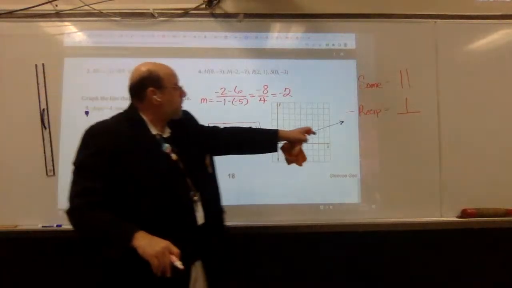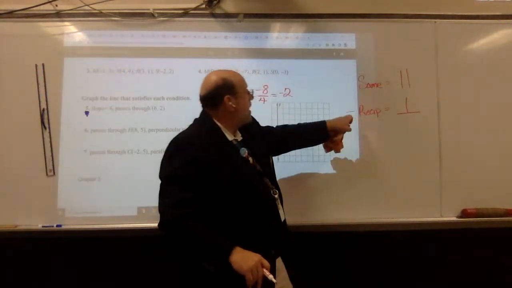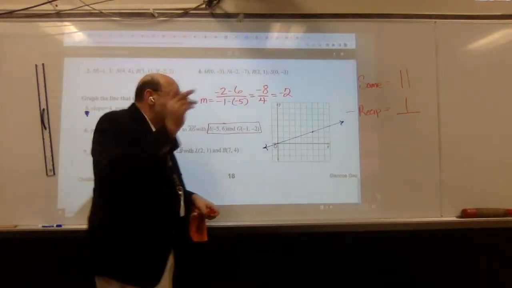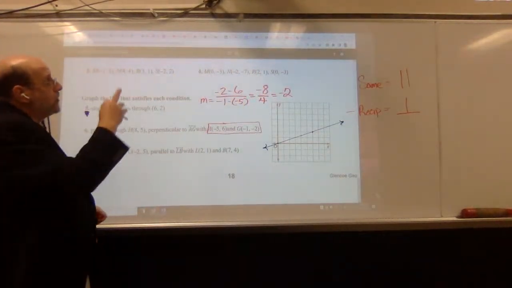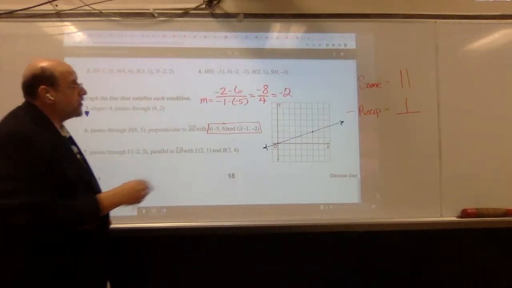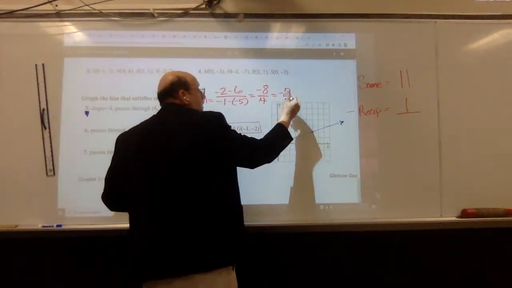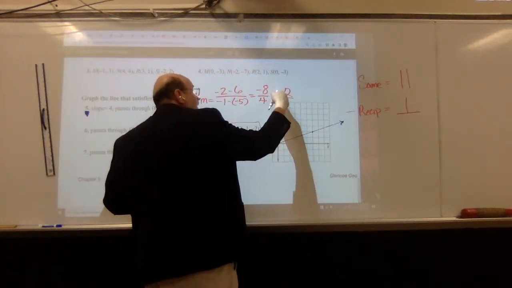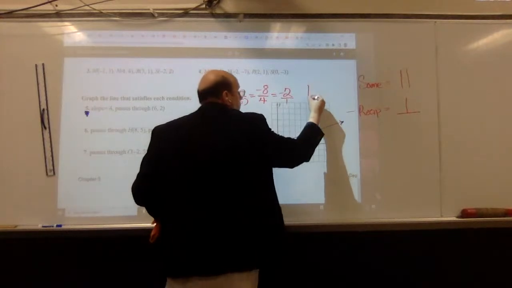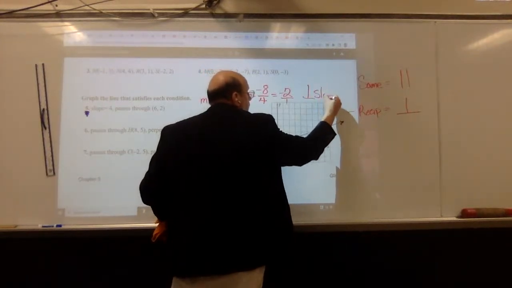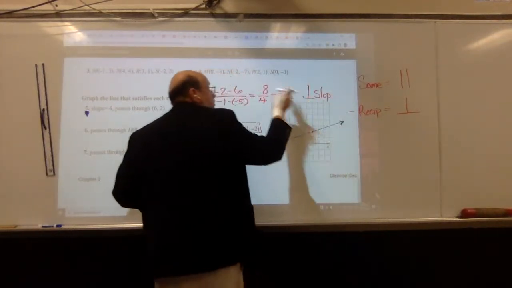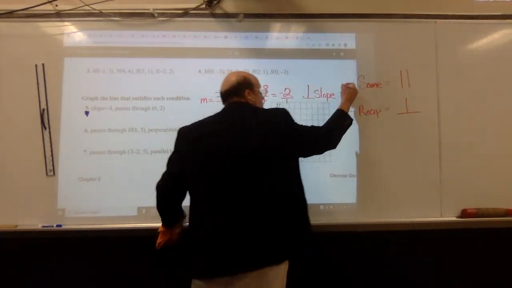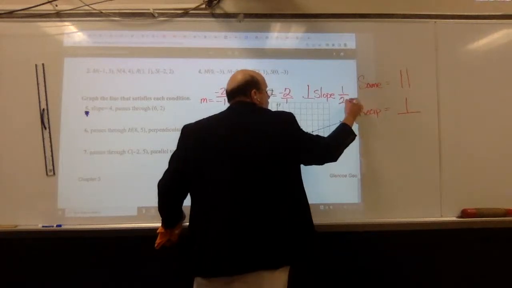And we said that the perpendicular slope is the negative reciprocal of the slope that we're given. So if our slope is -2, that'd be -2 over 1. The perpendicular slope would be the positive version just flipped over. So it would be 1/2.